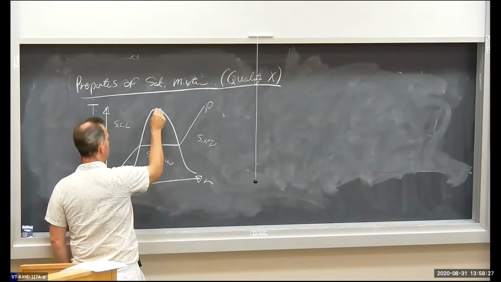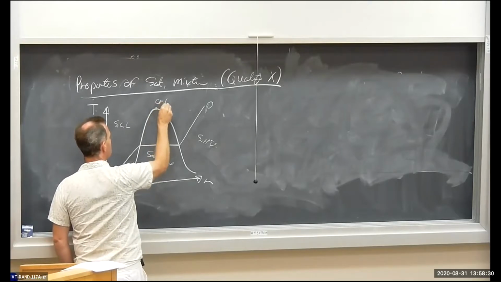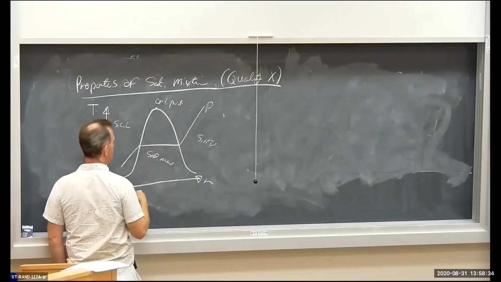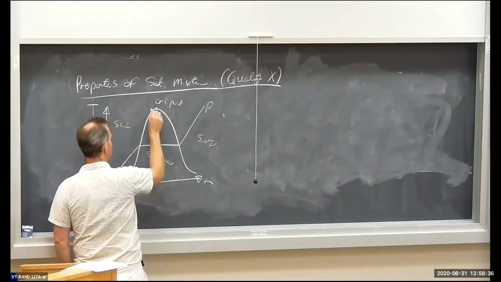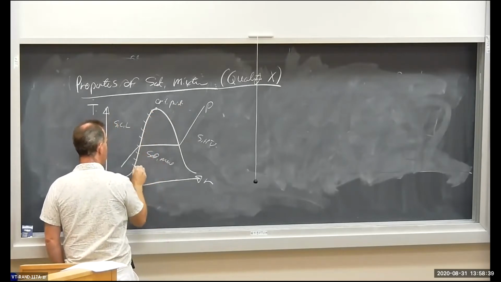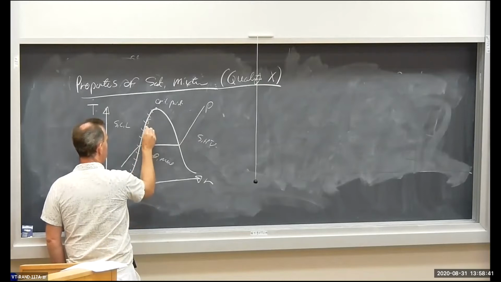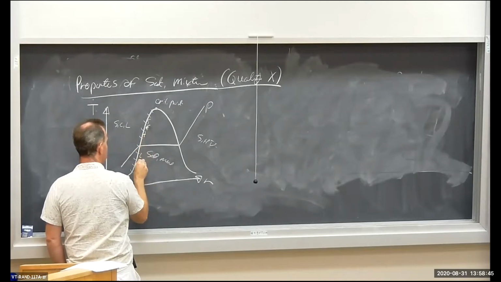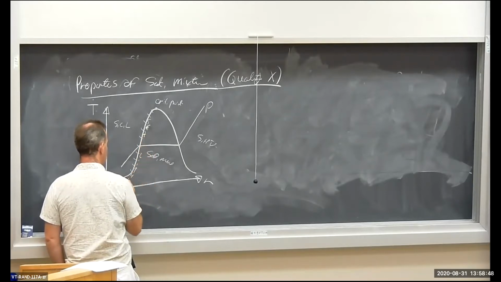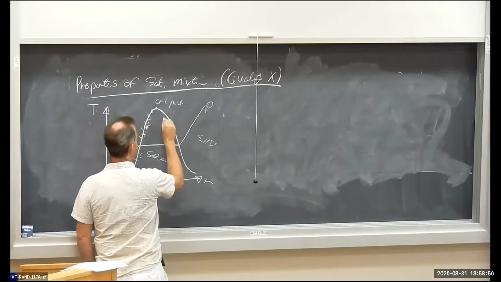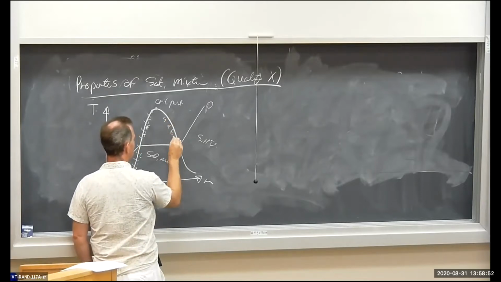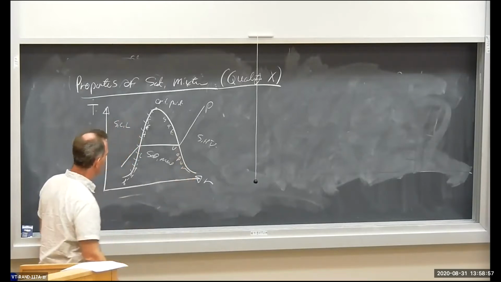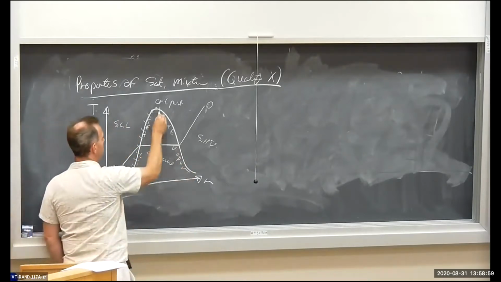Over here is the critical point, with the critical temperature and pressure. And over here we have saturated liquid, and here on this edge of the dome we have saturated vapor.